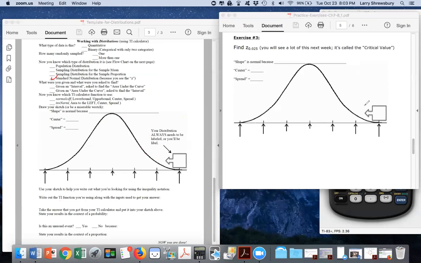That's pretty straightforward. We'll put our little z in there. Oh, I guess I won't do it there, I will do it over here. And what we want is the z-score where the area in the right tail is 0.025, which is 2.5%.